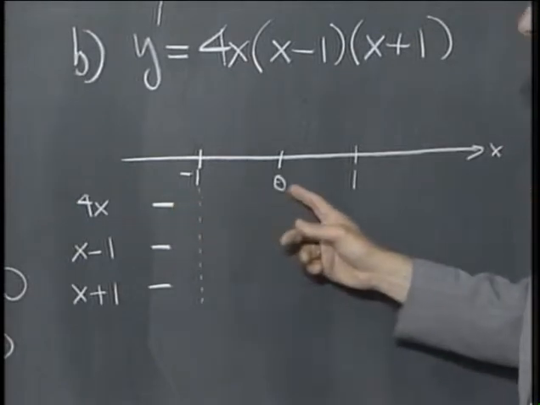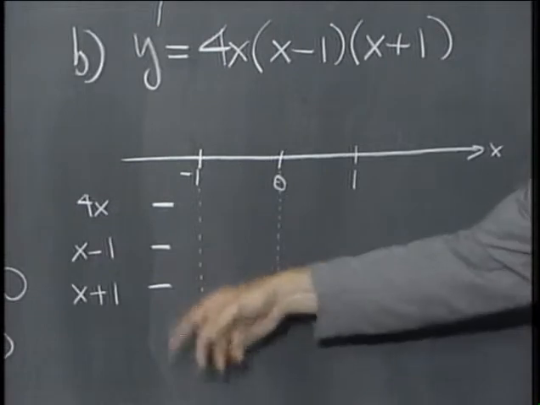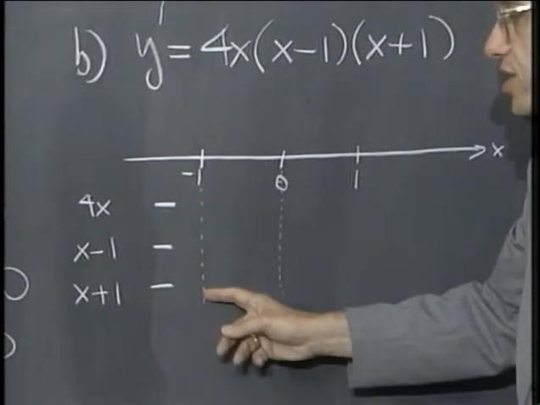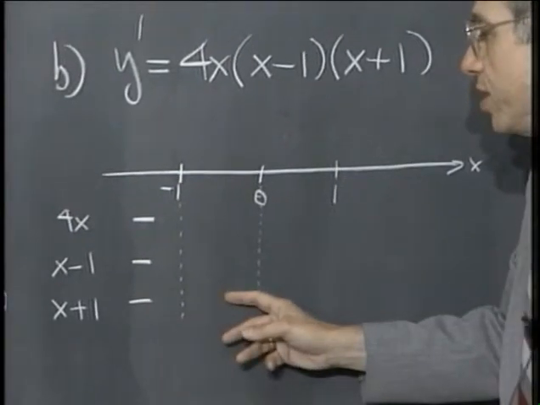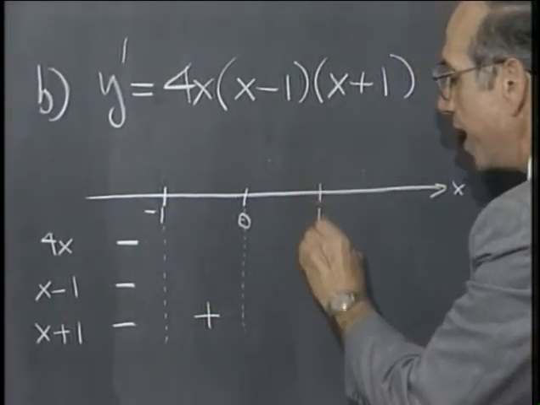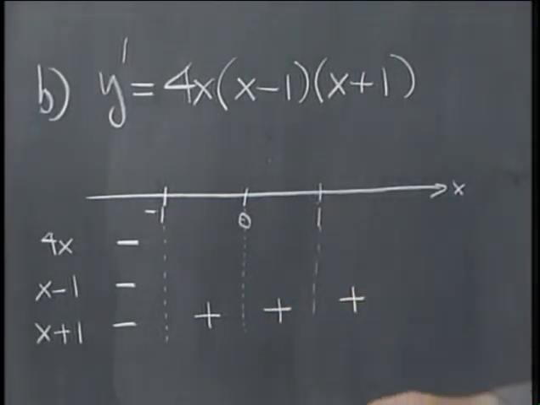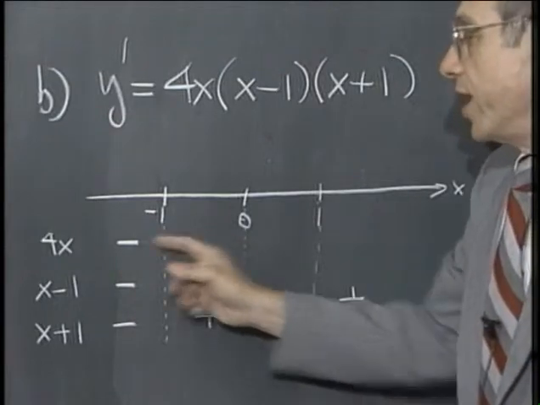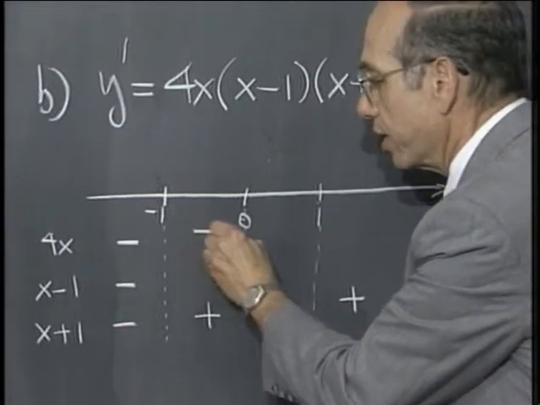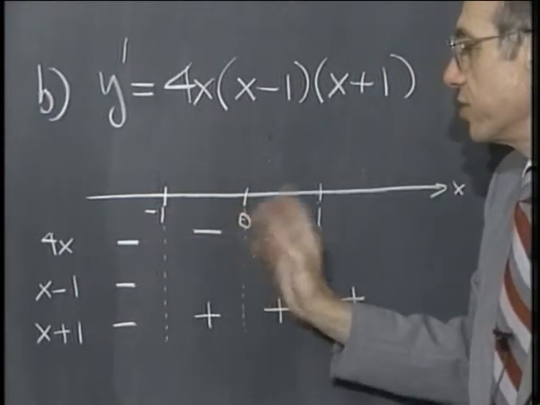If you go from minus 1 to 0, then what happens? Well, the factor x plus 1 changes sign at x equals minus 1. So over here, x plus 1 will become positive, and it will stay positive from then on. On the other hand, 4x will still be negative over here, and x minus 1, well, again, we're looking at x to the left of 0.